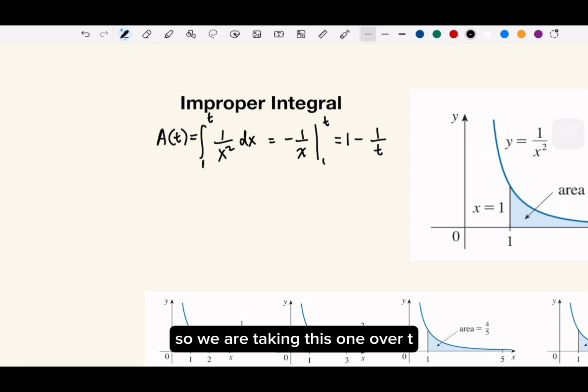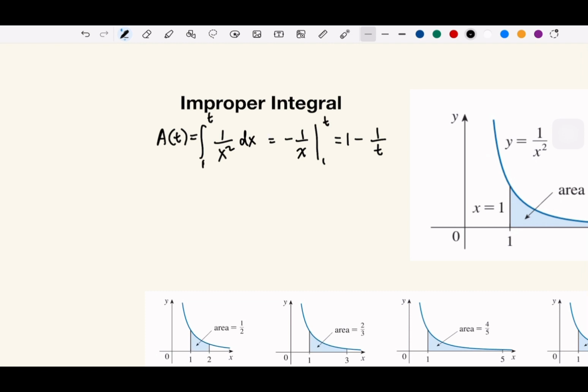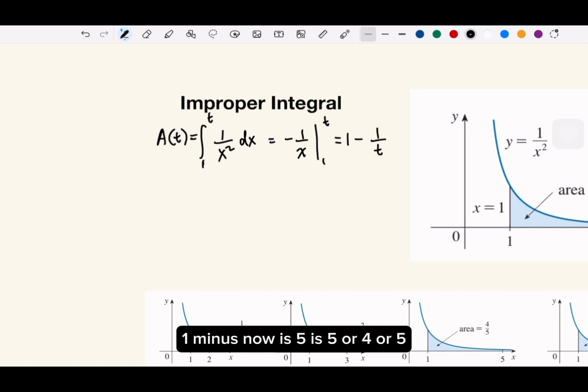So we are taking this 1/t to every area that is going to be calculated. For example, for 2, 1 minus half is half. 1 minus 1/3 is 2/3. 1 minus 1/5 is 4/5. Now imagine this t getting larger and larger.